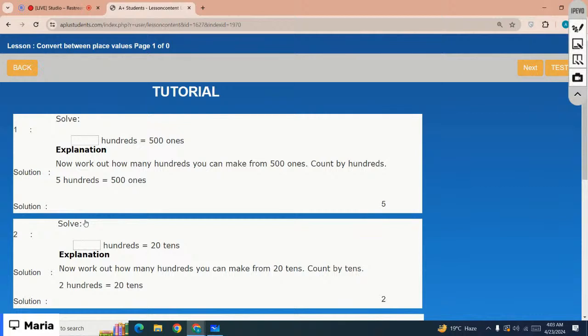How many hundreds do you have in 20 tens? The correct option is 200s, right? 20 tens means 200s. Let's just start with the test questions.